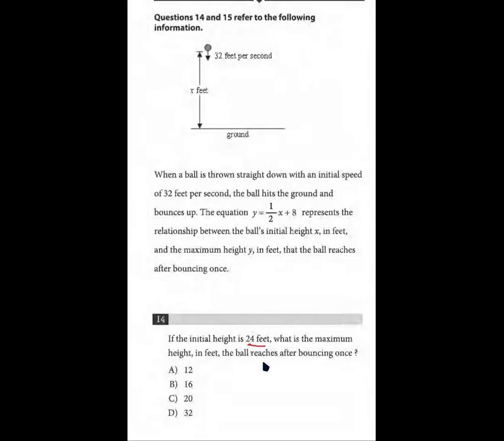So in that case, x is just 24. So we have half of 24 plus 8 for the bounce height. That's just 12 plus 8, which is just 20. So the correct answer is C.